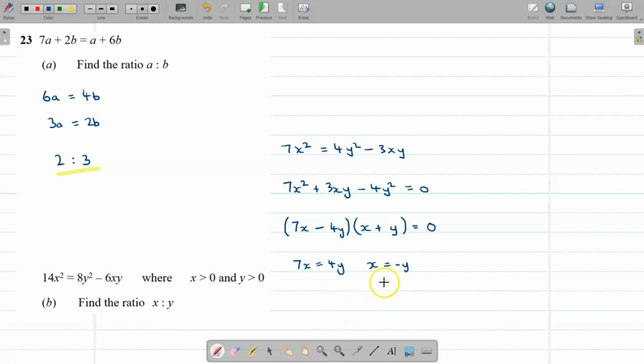The second one can't be true, but the first one can, because it says in the question that both x and y are greater than 0. So x can't be negative y, otherwise one of them would have to be a negative number. So if 7x is 4y, then the ratio x to y is 4 to 7, by the same reasoning we were using here. So that's the answer to that second part of the question.